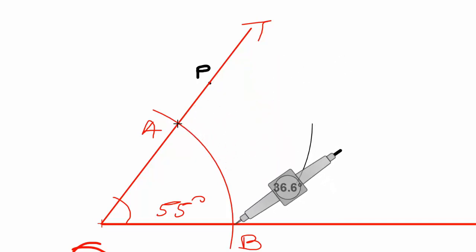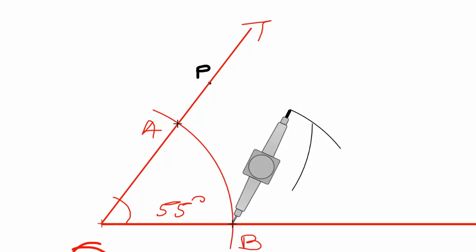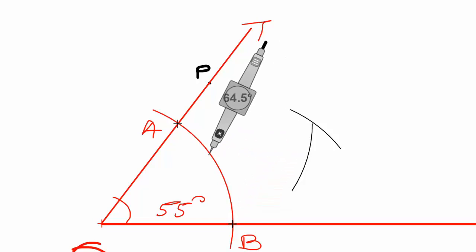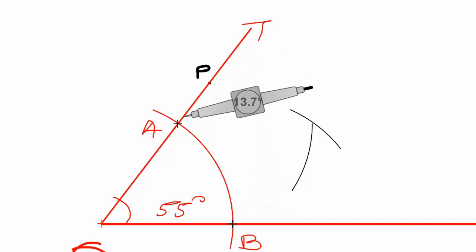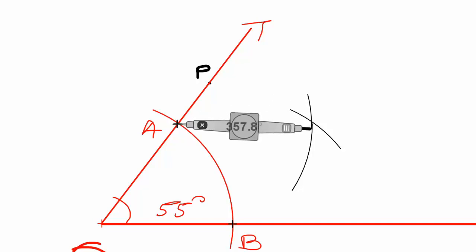Then again put the pointed tip of the compass and draw this arc here. Again put the compass on point A and complete the arc intersecting this one.